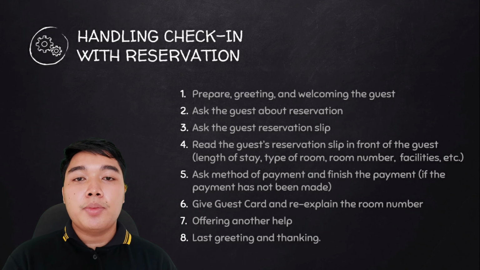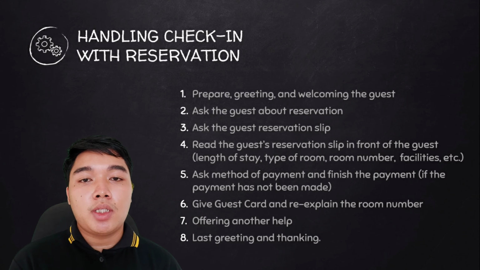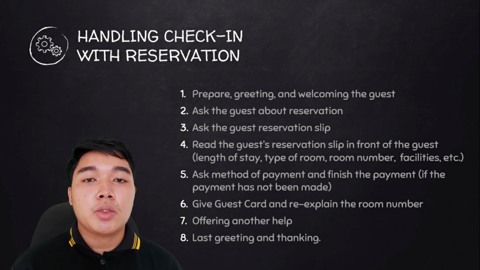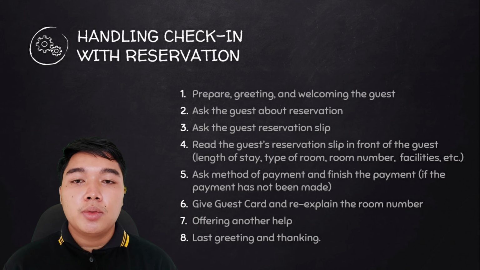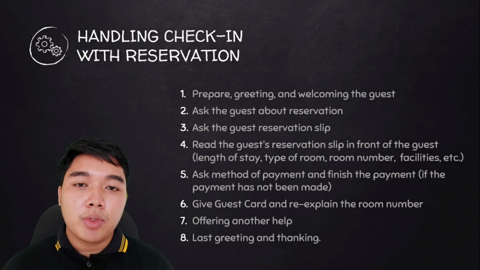Then the receptionist will proceed to the payment step. They will ask for the payment if no payment has been made, and if the payment is done, the receptionist will proceed to giving the guest the card or the key of the room and re-explain the room number.